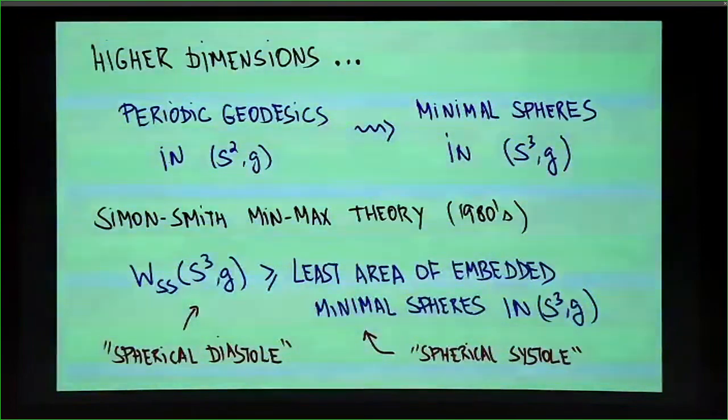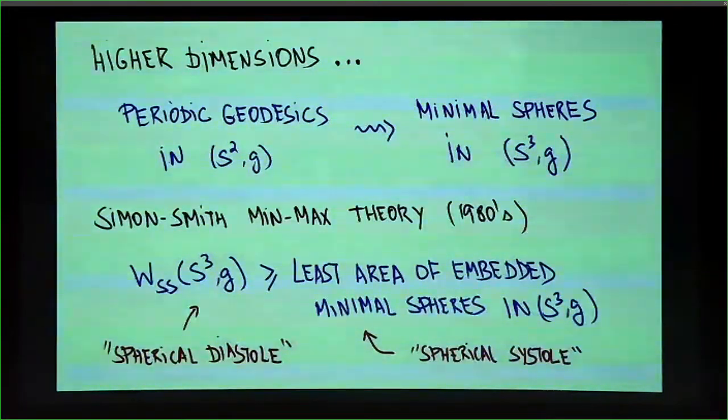And the right analogue of periodic geodesics, I think, should be minimal spheres. Why is that? When you go to higher dimensions, this ODE principle, you lose that, right? So your objects are no longer described by ODEs. So you need to maybe rely on the geometric definition and make the analogous definition.